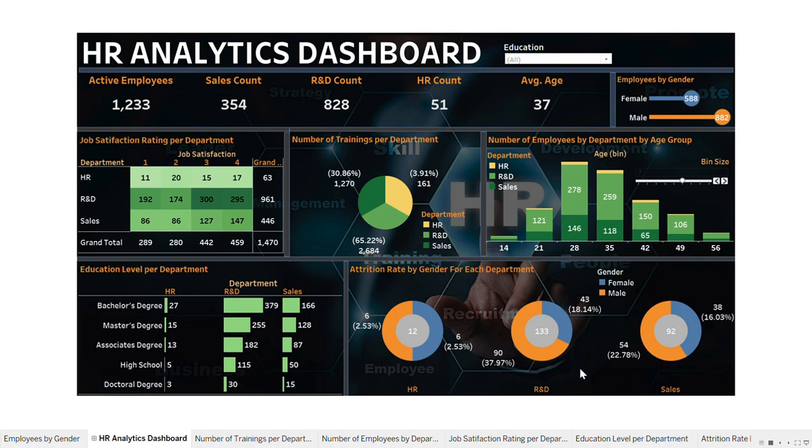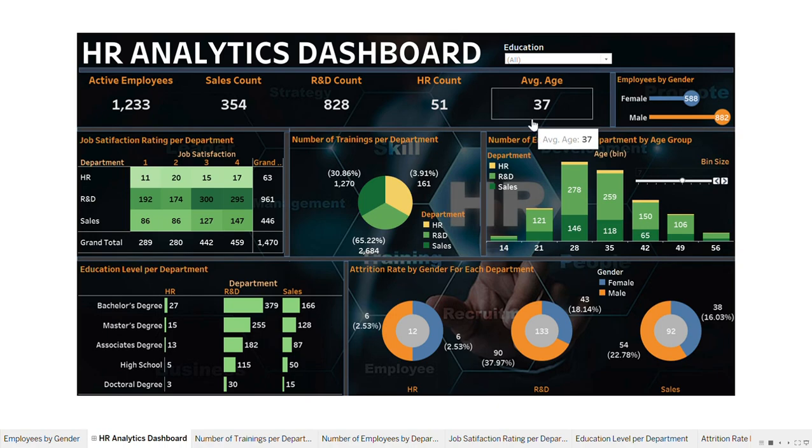And still, this dashboard will help you to know if the strategies you're laying are actually working. In other words, if the number of employees who are leaving is now reducing, you'll be informed by the dashboard. So it's a very important tool in any organization.